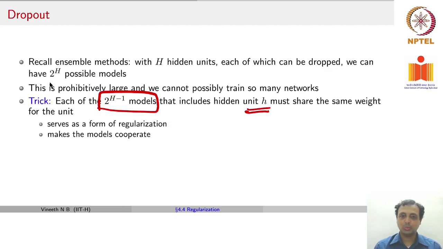Because there are h minus 1, so 2 power h minus 1 models apart from this node can be changed when this unit is fixed. We are saying now that across all of those 2 power h minus 1 models, this unit h must have the same weight. This doesn't change, its weight is fixed, and only the other weights can change. This is the trick that we're going to use.